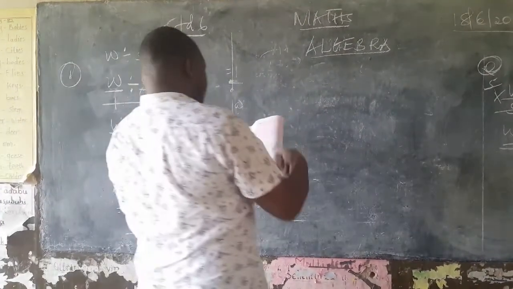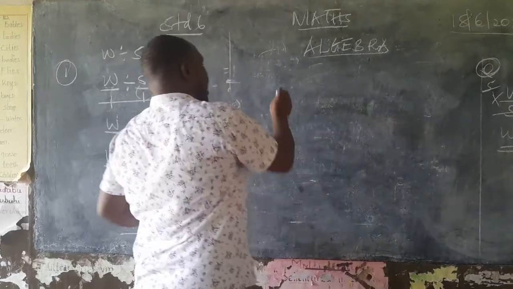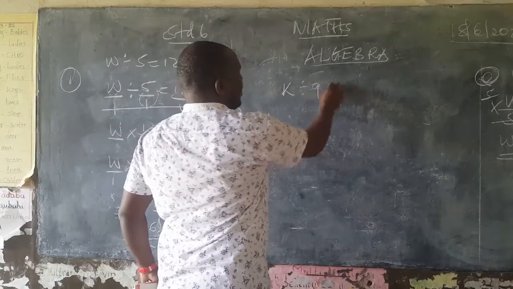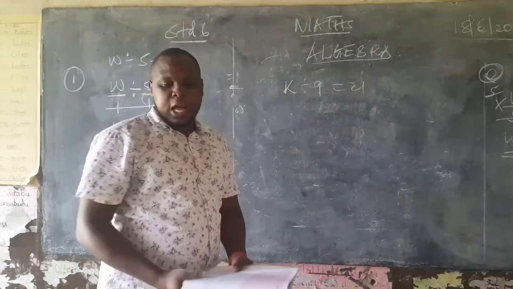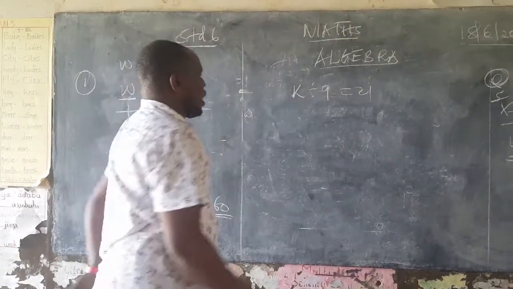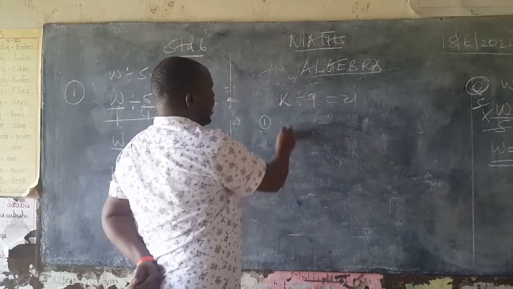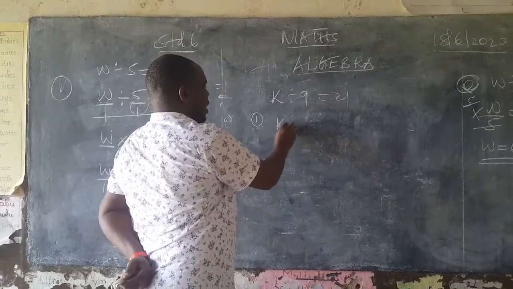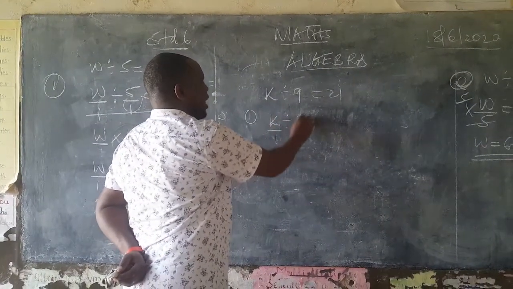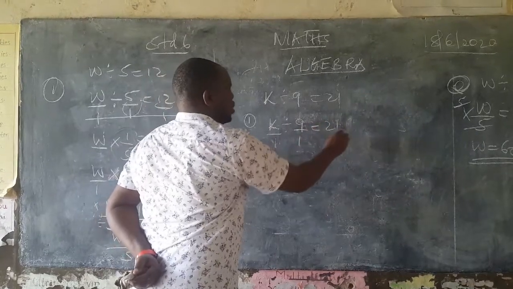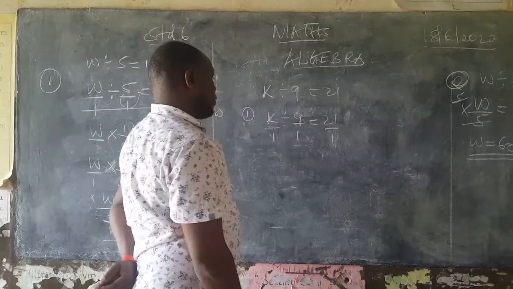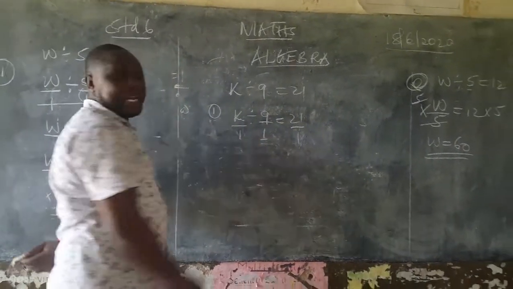So I will write another question. K divided by 9 is equal to 21. How are we going to solve this, learner? We are going to use method 1 first, whereby we are going to say K over 1 divided by 9 over 1 is equal to 21 over 1. After that, we get the reciprocal of the second number.